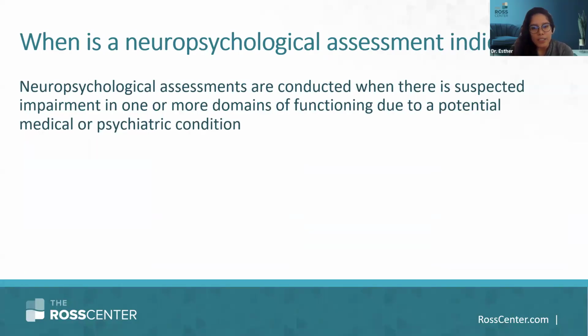So a neuropsychological assessment is indicated when there is a suspected impairment in one or more of the domains of functioning that we just discussed. This could be due to a potential medical or psychiatric condition. So it really provides clarity on what could be going on.